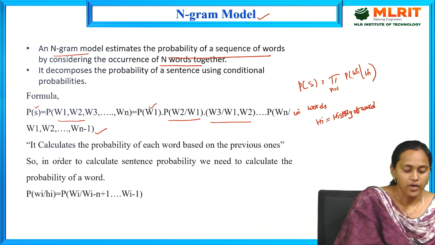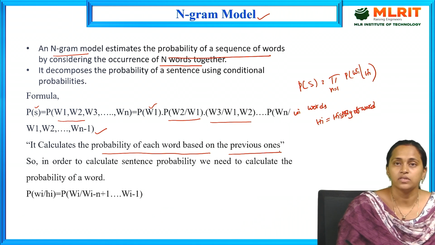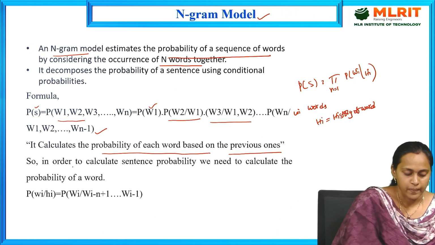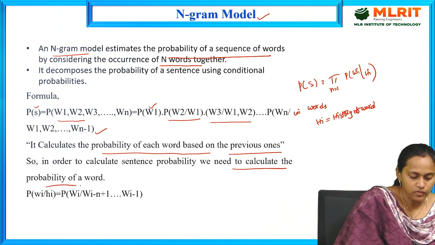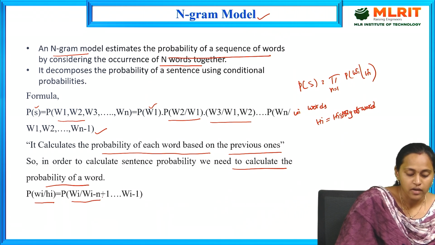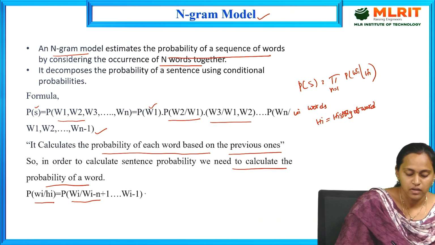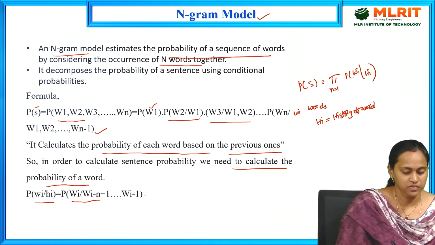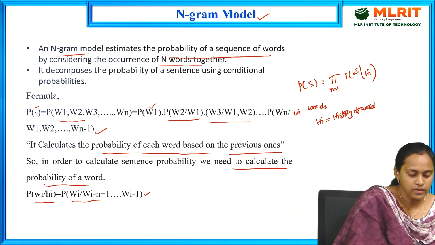That means we have to calculate the probability of each word based on the previous ones. So we need to calculate the probability of wi, where wi is the word and hi is the history of the word: probability of wi given wi minus n plus 1 and so on up to wi minus 1. This is the formula to calculate the probability of the word.